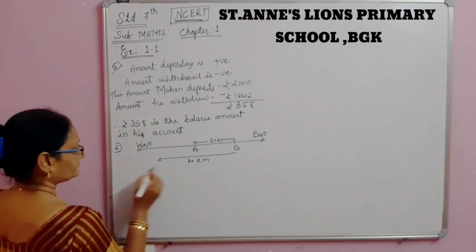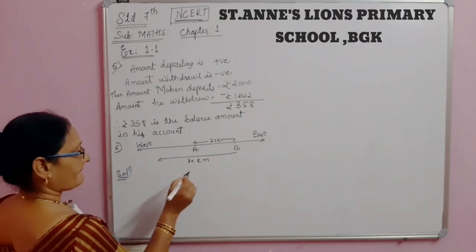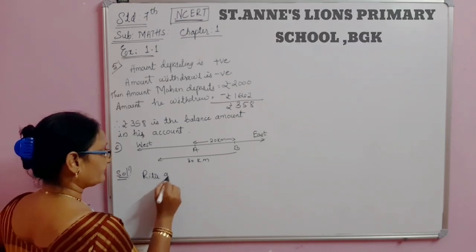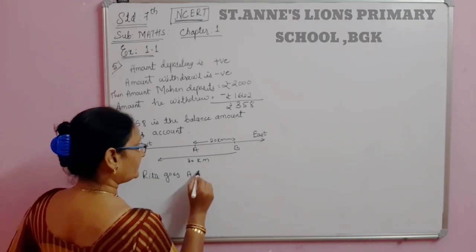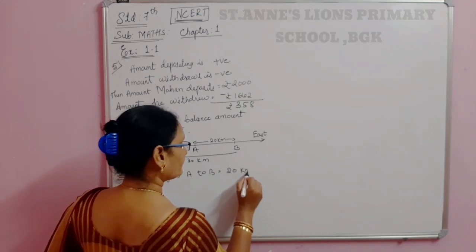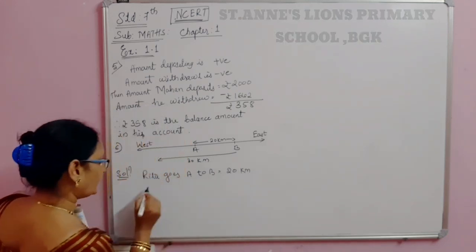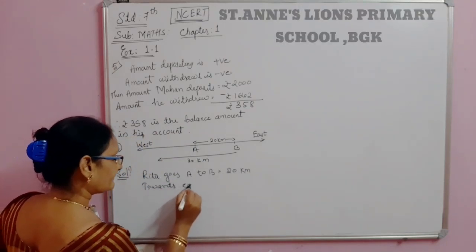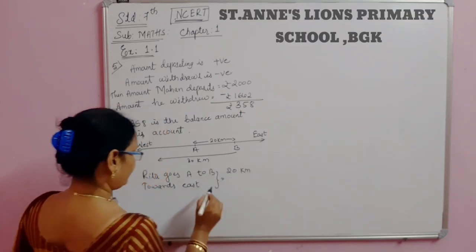See, solution. Rita goes from A to B 20 kilometers. This is towards east. A to B towards east is 20 kilometers.